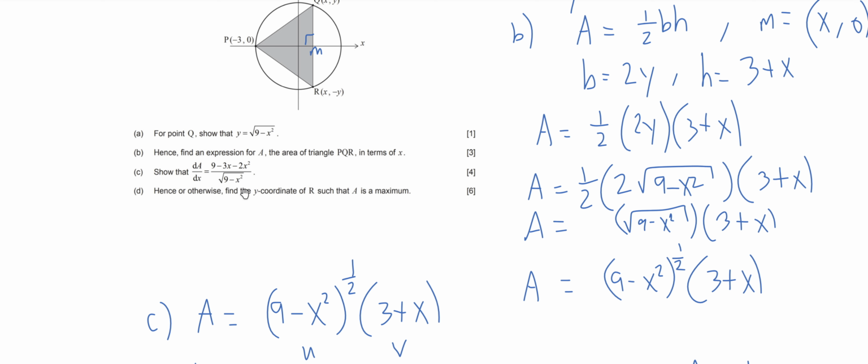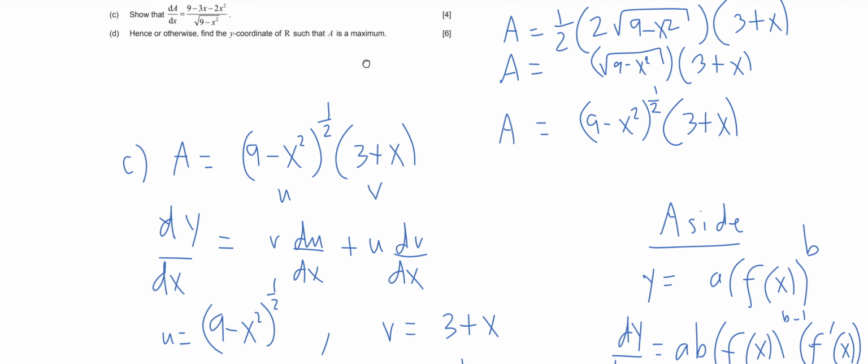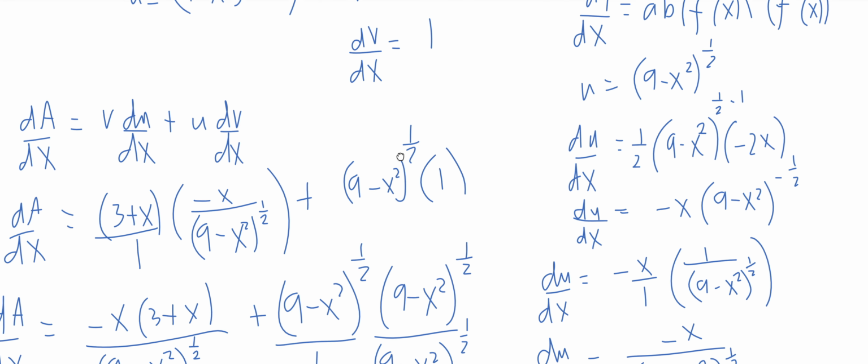So in this case, we'll be solving dA by dx equals 0 as the first step towards working out the y-coordinate of R such that A is a maximum. So we say dA by dx equals 0.